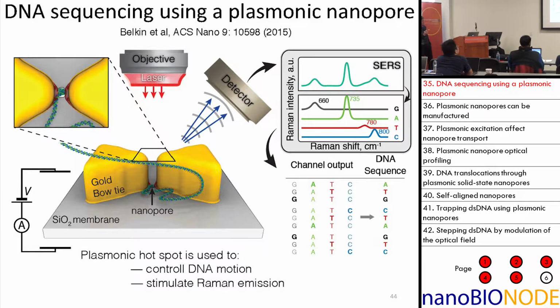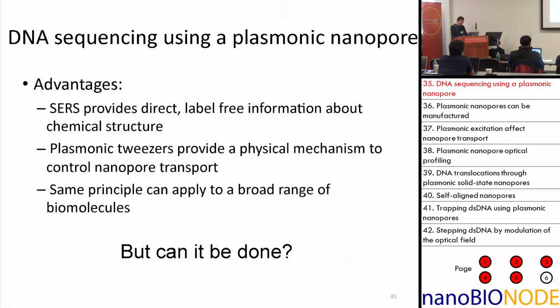This is just a picture. So I'm going to tell you how far we got with it so far. This is work in progress, okay? But before I go into that, let's just say why this is great, if it works. Well, because it's a direct measurement of chemical information.